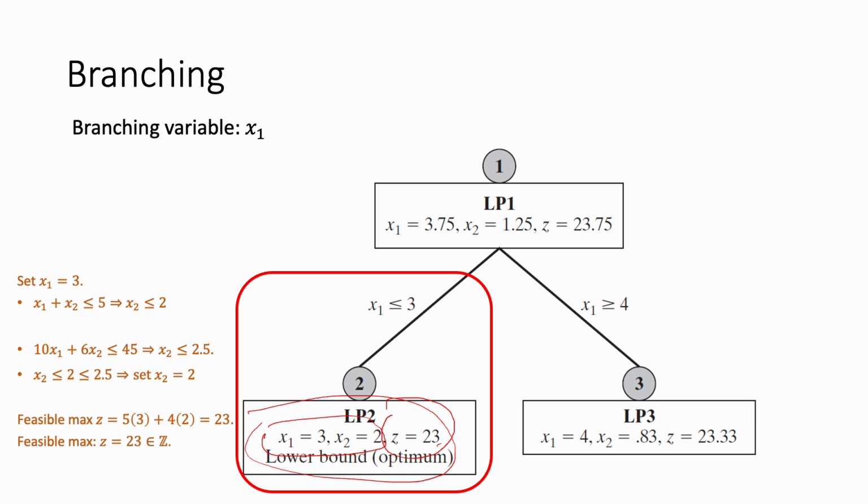Remember, if the LP solution is an integer, then that would be the solution to the ILP. So for this branch, since we found integral values, we can conclude that this is the optimum solution of the ILP at this branch, and this tells us that we couldn't find a better value than 23. Okay.